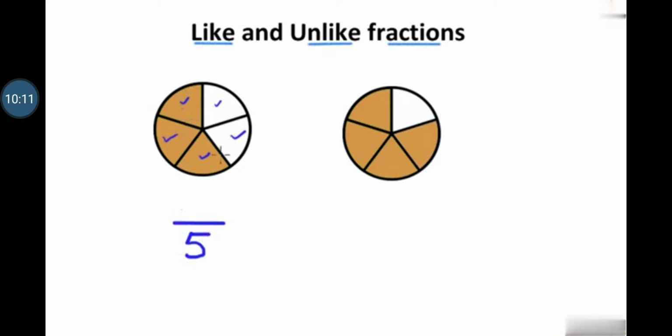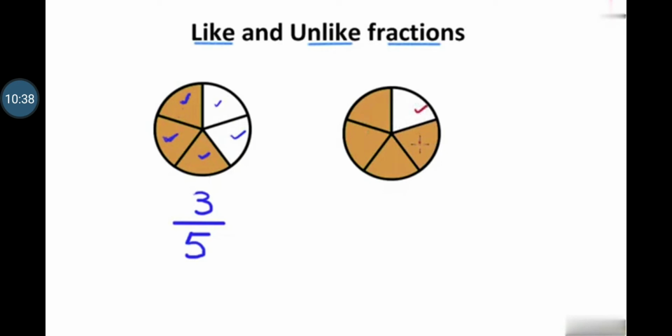So in the denominator we have to put 5, because in the denominator we write the total number of parts. Now we have to see how many parts are colored, and we can see that 3 parts are colored. So the numerator will be 3, because the numerator tells us how many parts are selected.